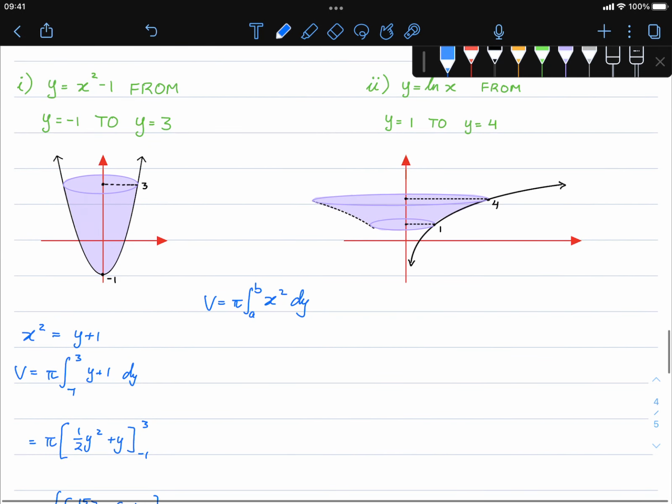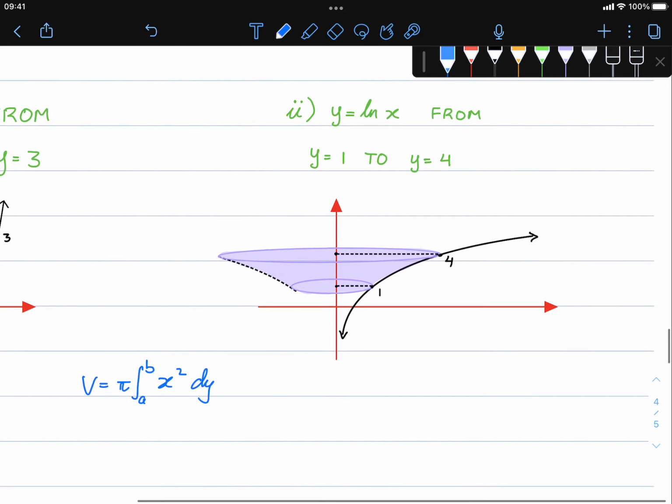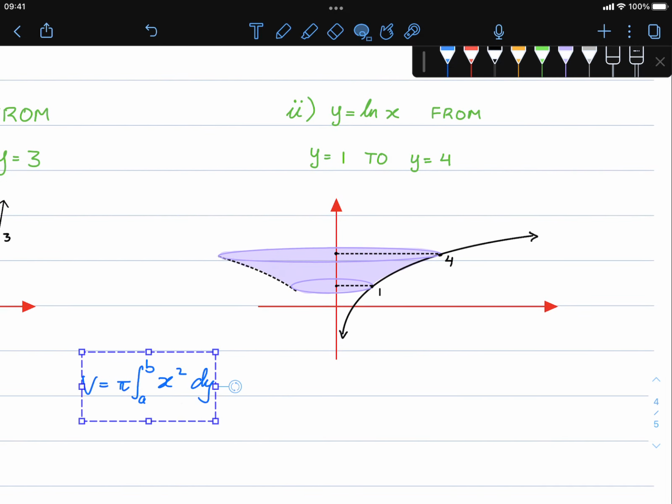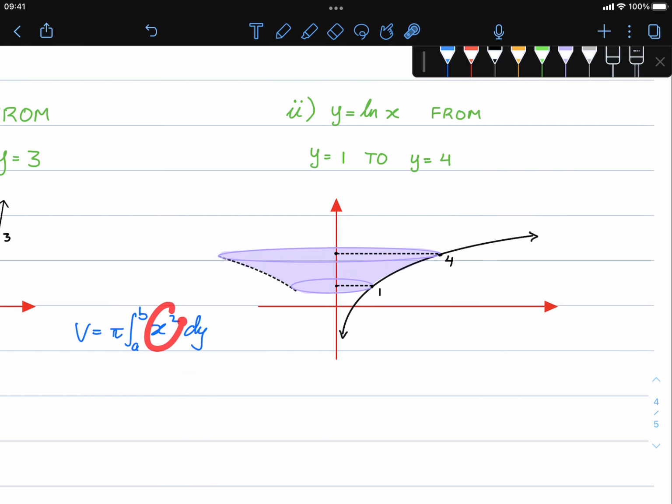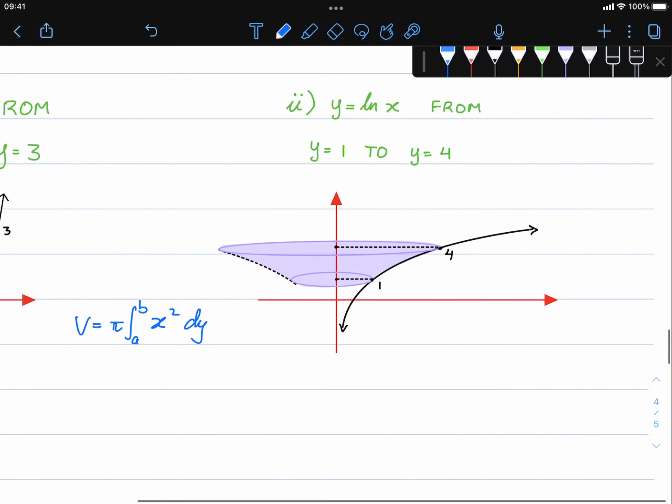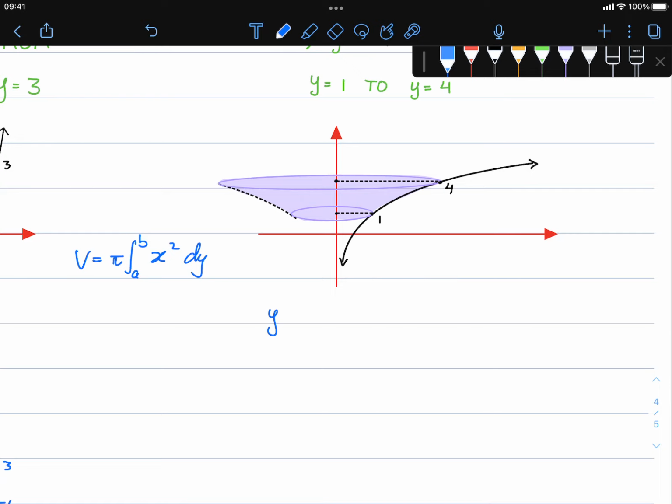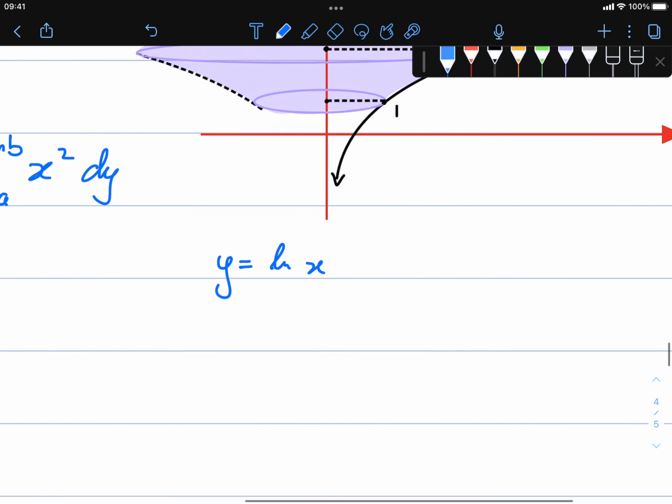Okay, let's move along to the last example. Once again, we need some value of x squared. So we actually need to change the subject of this one here. To get this, we raise to the power of e, like this.